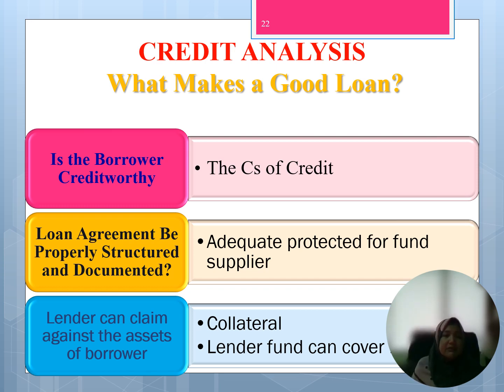So they need proper documentation. Maybe they also ask for collateral. If the lender's fund cannot cover when the loan defaults, at least they can use the collateral to get back their money.